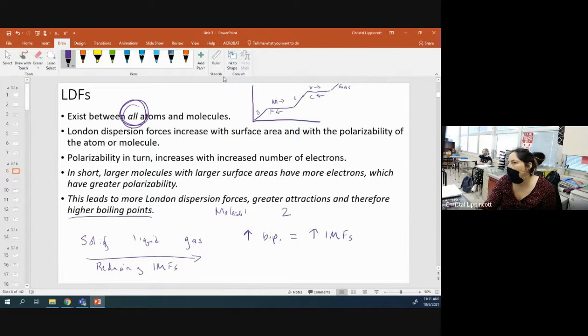And when you're coming back the other direction during that phase change, that energy is going back into reestablishing IMFs here and strengthening them here. It's kind of like a multitask kind of thing, like it can only do one or the other. It can either be a gas, or it can start to work on these IMFs, but it can't do both at the same time. Now, obviously, I'm personifying this, but you get the idea.